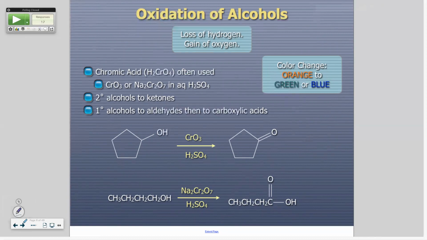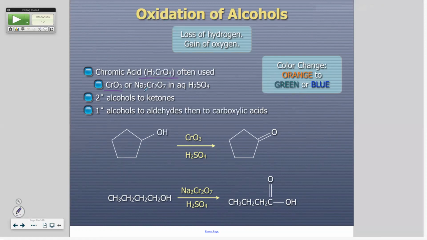One of the reagents that gets used quite often is chromic acid. It's been used a lot over the years. Chromic acid is H2CrO4. You can take CrO3, which is oftentimes referred to as chromium trioxide, even though I know that's not technically the correct way to name an inorganic compound.